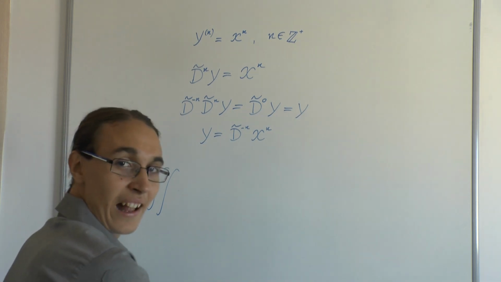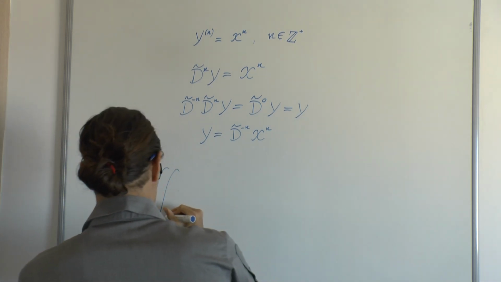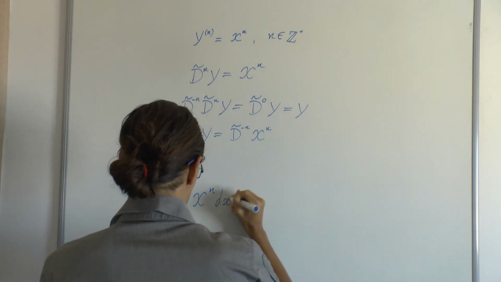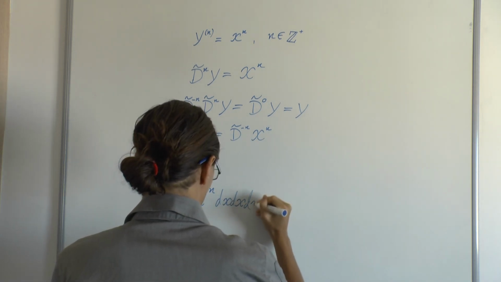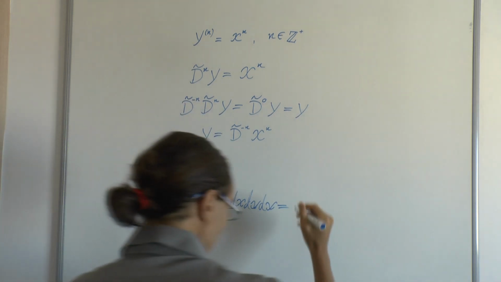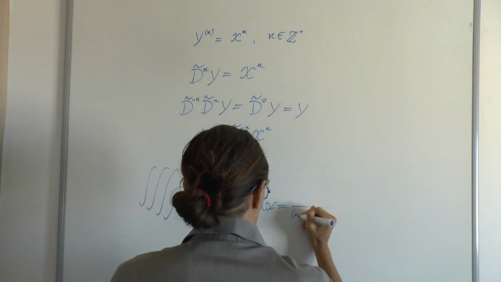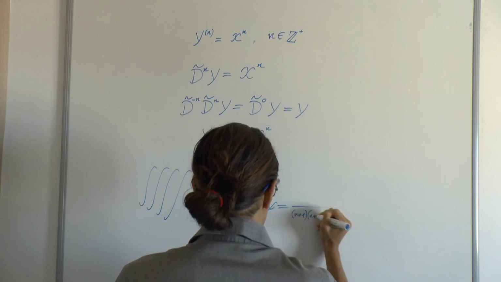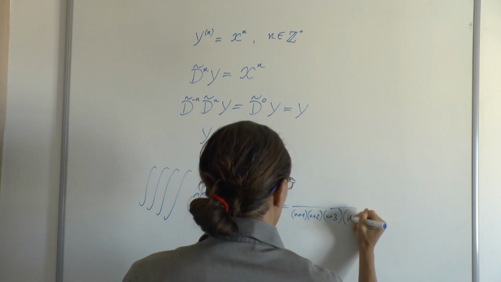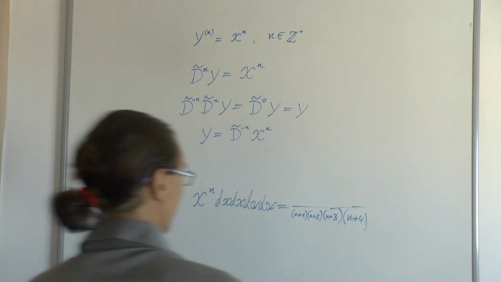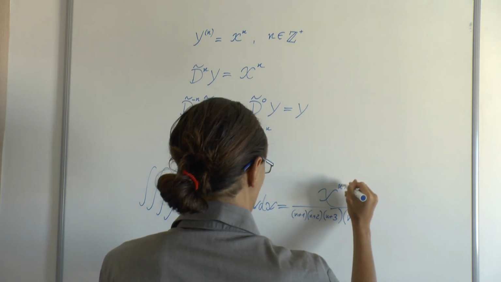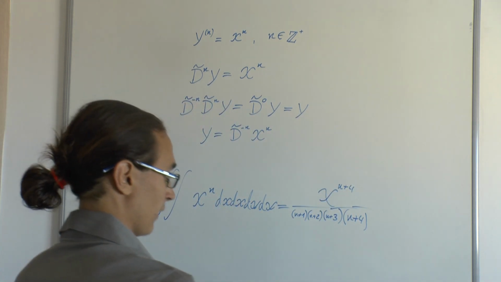I'll do it again, one more time to really drive the point home. So I'm not even going to write all these dx. Seeing what happens to this first term is quite easy. n plus 3 might be a little small, the writing, but I think you can understand. x to the n plus 4, right?